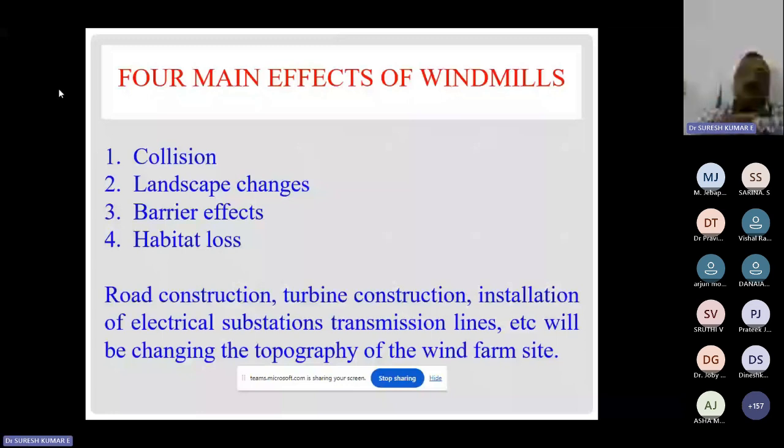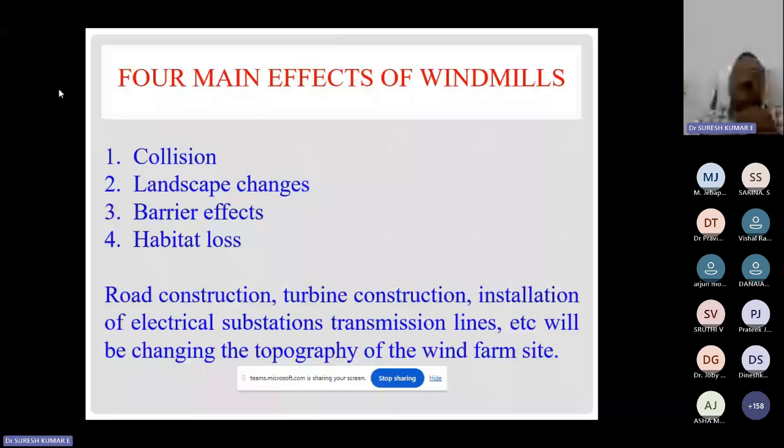That is barrier effects. I remember a figure that appeared in the WhatsApp groups. Two people were driving through a forest, one deer was crossing, and the driver told his friend that a deer is crossing the road. Then the friend said, the deer is not crossing the road, we are crossing the forest. That's the truth. So barrier effects is one.